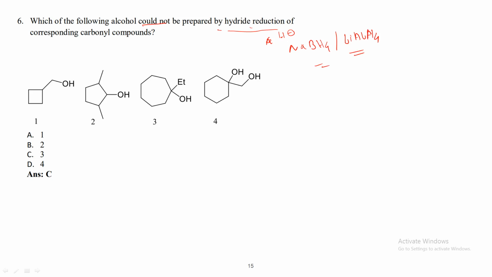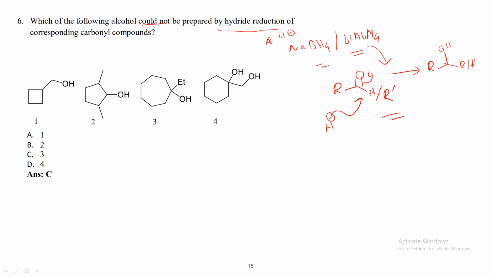With an aldehyde molecule or keto molecule, when we use this type of reagents, the hydride transfer happens and makes the secondary alcohol or primary alcohol. So this is the hydride reduction.